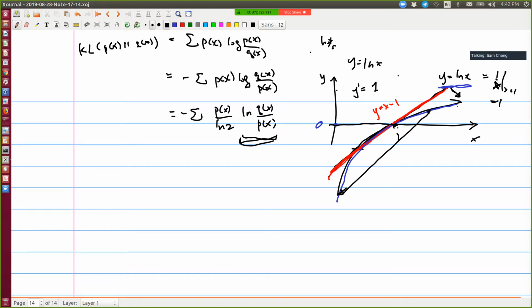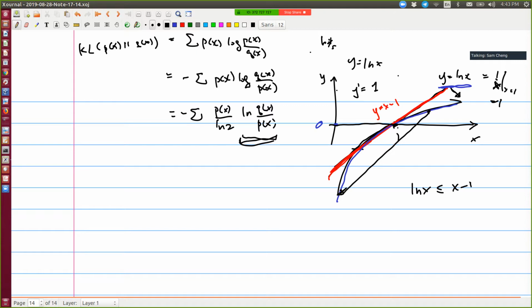So our conclusion is that we have an inequality from this graphical description: log x should be less than or equal to x minus 1, right?